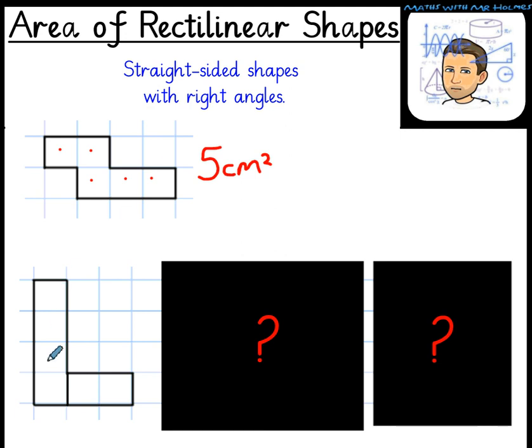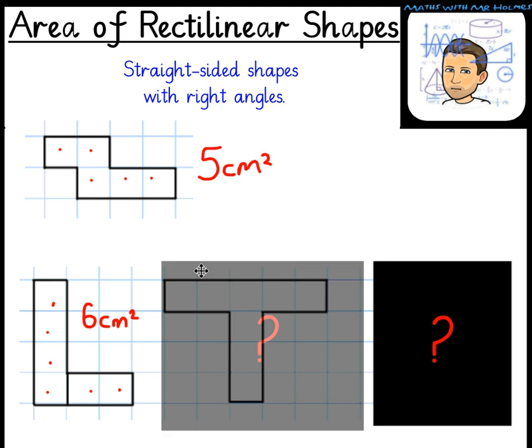So we've got one here where we can see we've got 4, and now we've got one here which we've got 2, and it's just a matter of adding those up, which we have 6. So again, if that's measured in centimeters, we should write that up as 6 centimeters squared.